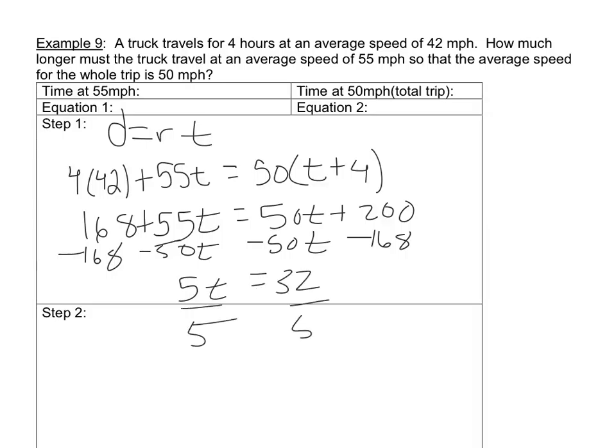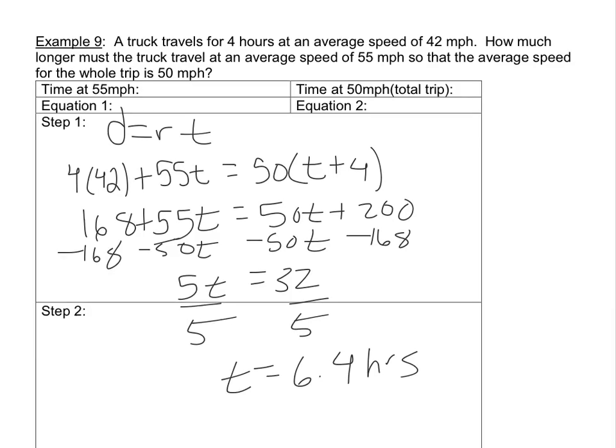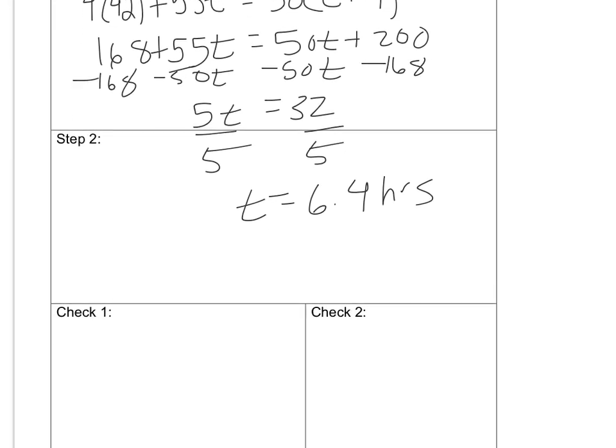Divide by 5, you get t equals 6.4 hours. Okay, now if you wanted to be real awesome, maybe some potential extra credit on a quiz or something, you would convert that 0.4 hours to minutes, and you would say it's 6 hours 24 minutes. Okay?